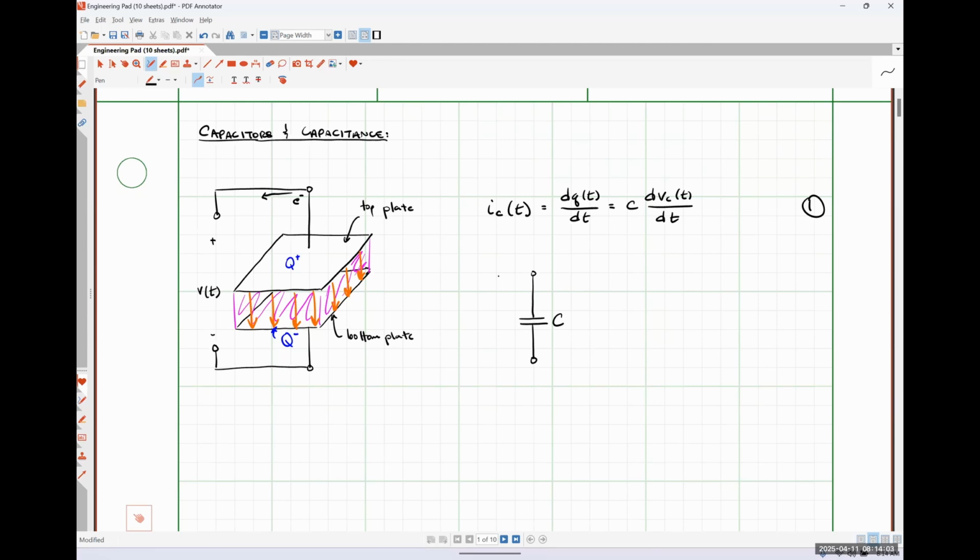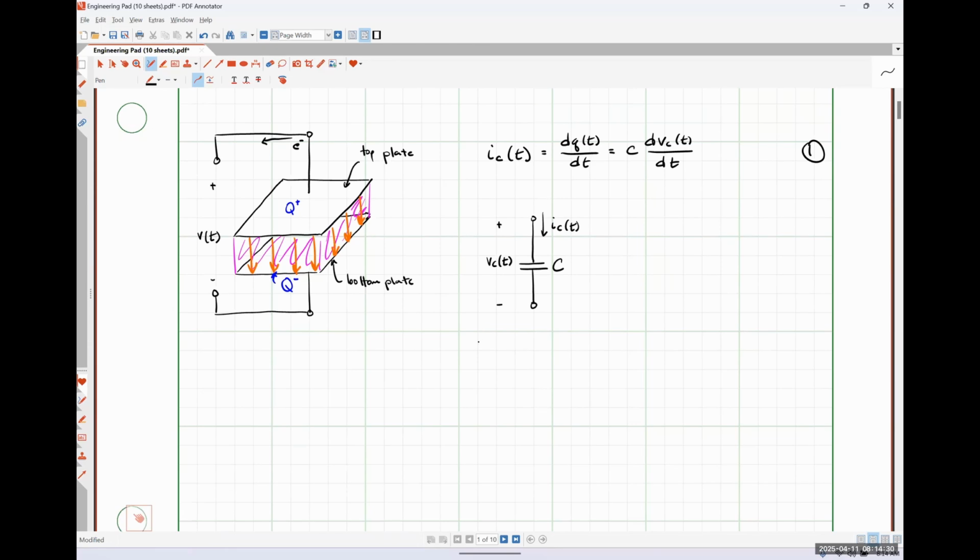I can say that the voltage drop across the capacitor is VC of t like so, and the current flowing into the capacitor is IC of t like so. And I've indicated that the current is flowing into the positive polarity terminal for absorbed power so that capacitors are going to obey the passive sign convention like every other thing we're dealing with in this class, okay?